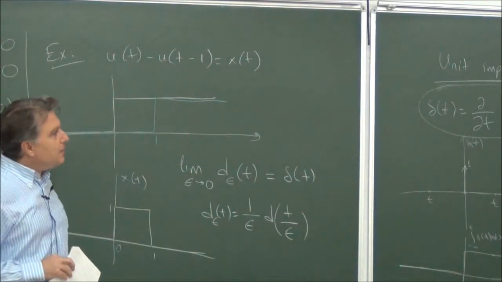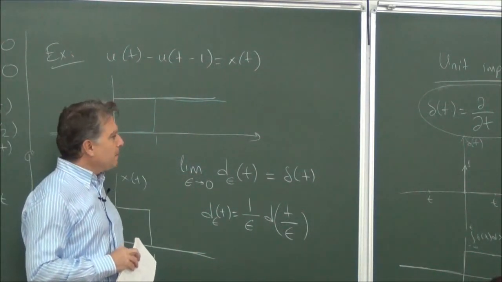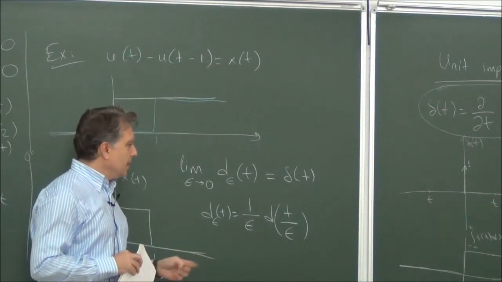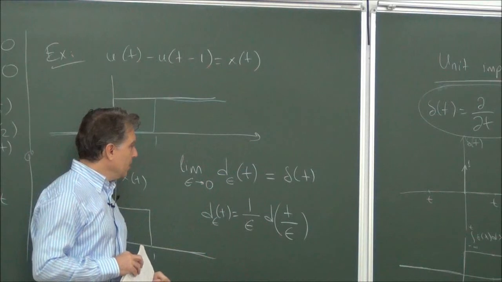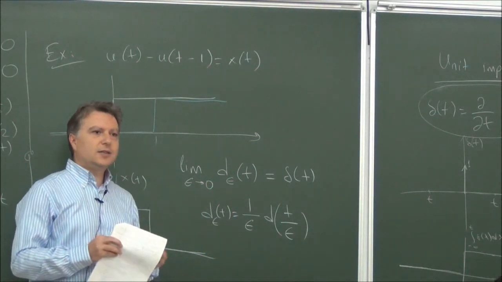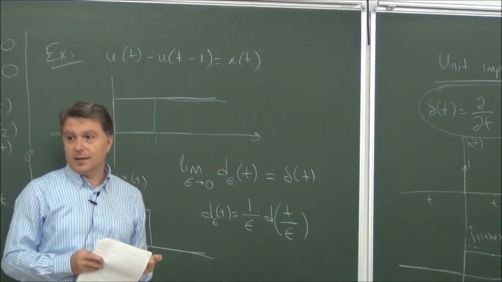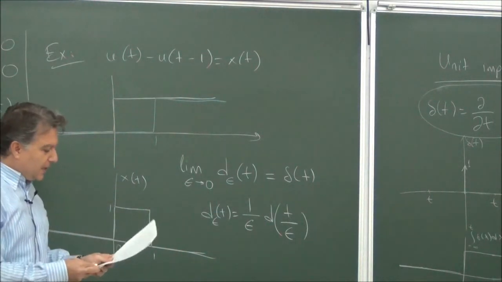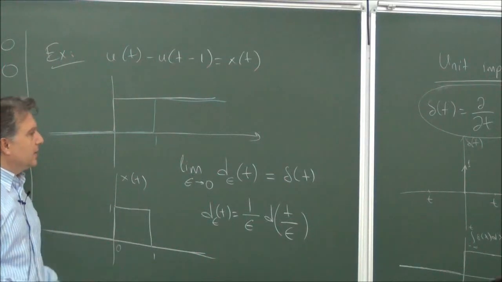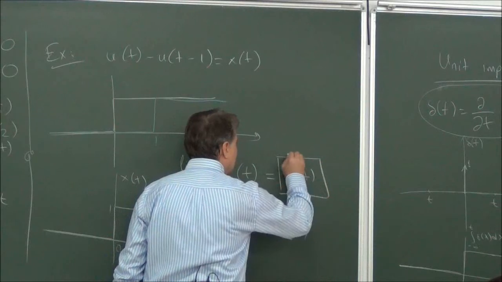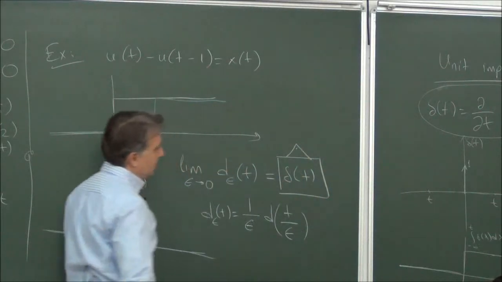That is a limiting example, and as you see, since the height is abruptly large, like infinity, as epsilon goes to 0, you cannot generate it with a function generator or using electricity or anything. It's not physically implementable, so why are we dealing with it? Why do we have this strange function?